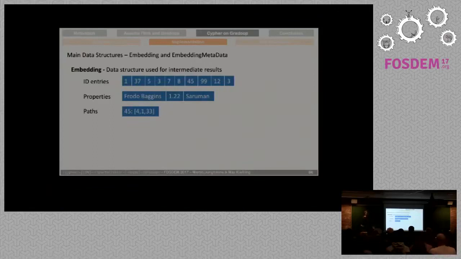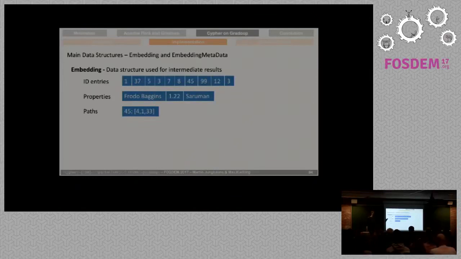So every node and edge in the extended property graph model, and even graphs, but that's not relevant here, has properties like names, like every hobbit has a name. And we store this in a separate list. And then we have paths. This is just an implementation detail to make sure that if we do this variable length expand, we always end up with embeddings of the same size. But it's not too important for now.